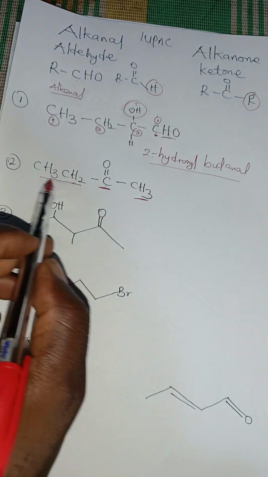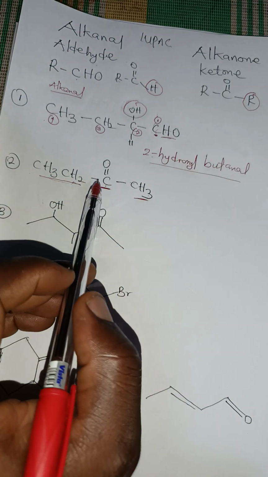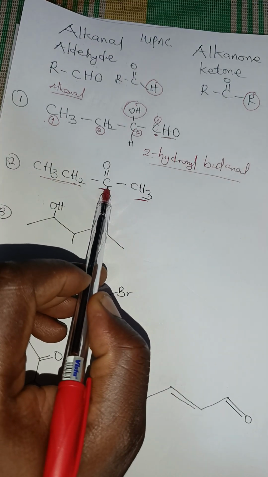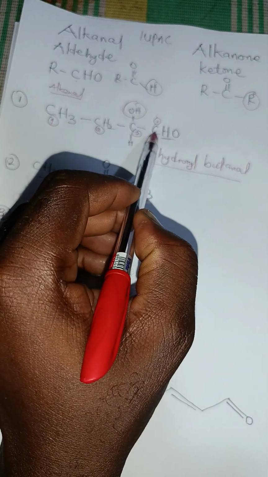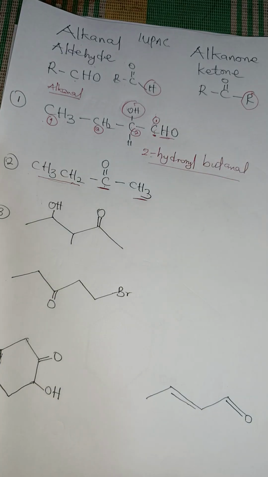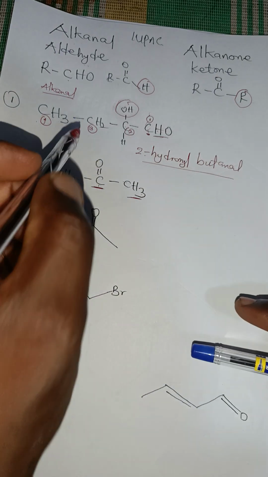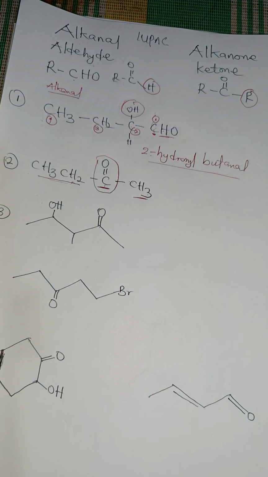This is alkanone. R, C double bond O, R. Here, you don't start counting from the carbon of the functional group. In alkanal, we start counting from the carbon of the functional group. You don't do that here. All you do is count from the ends, and you count in such a way that our functional group has the smallest possible number.